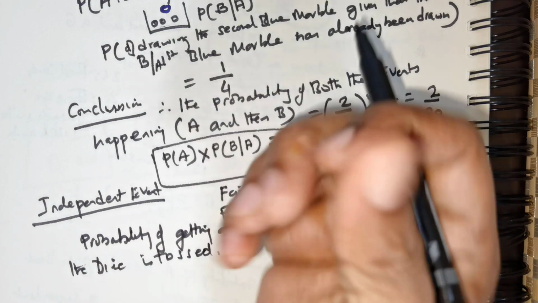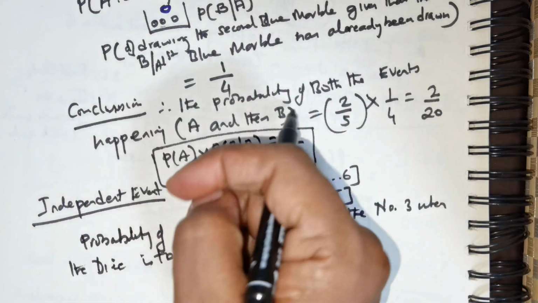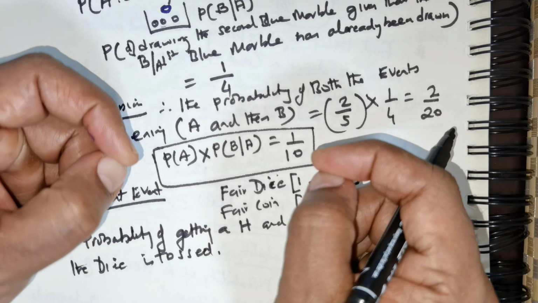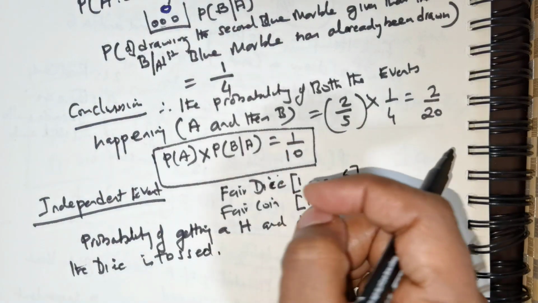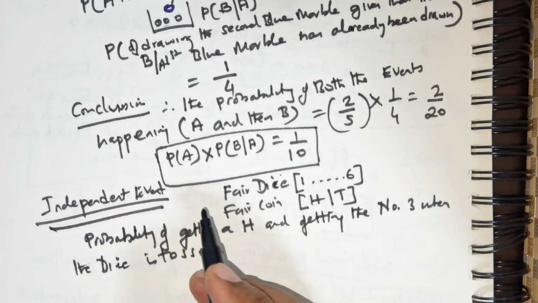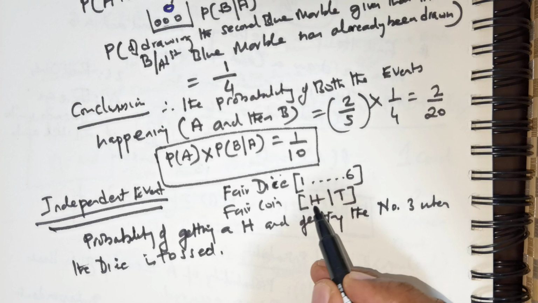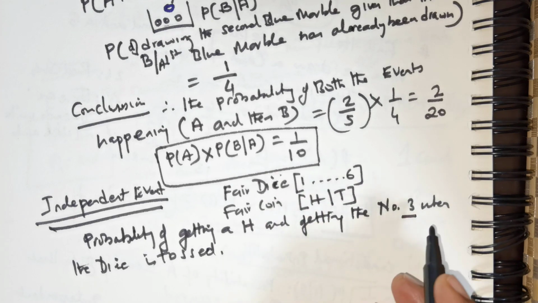On one hand you have the dice and on the other hand you have the coin, so you're performing the experiment concurrently. Are they dependent or independent? They are independent. The occurrence of a head will not hinder the occurrence of the number 3.